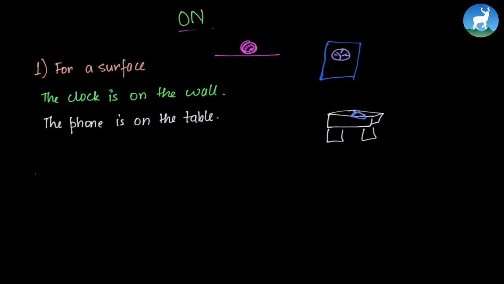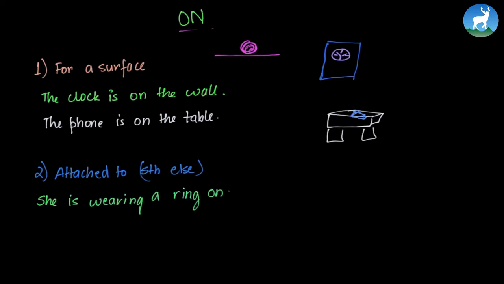Next is if something is attached to something else. If two things are attached, for example, she is wearing a ring on her finger.